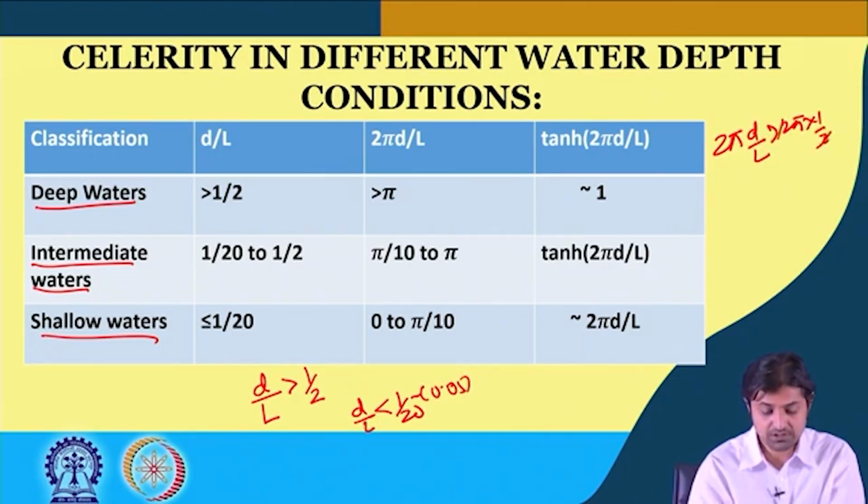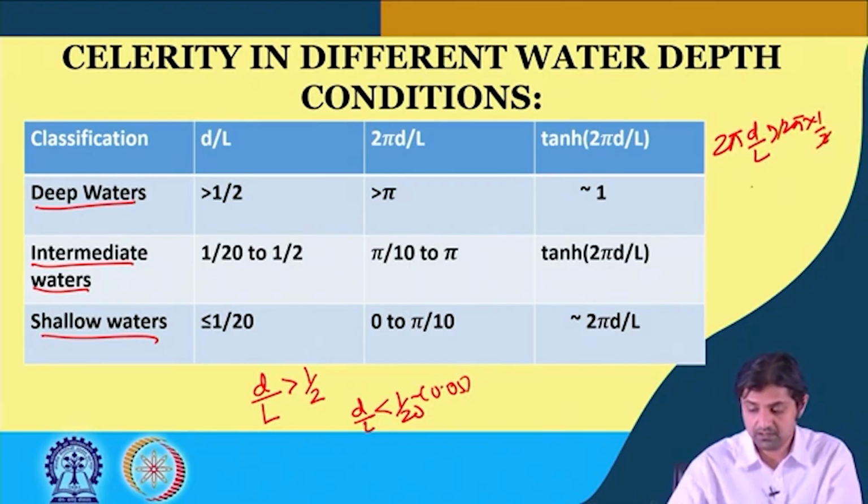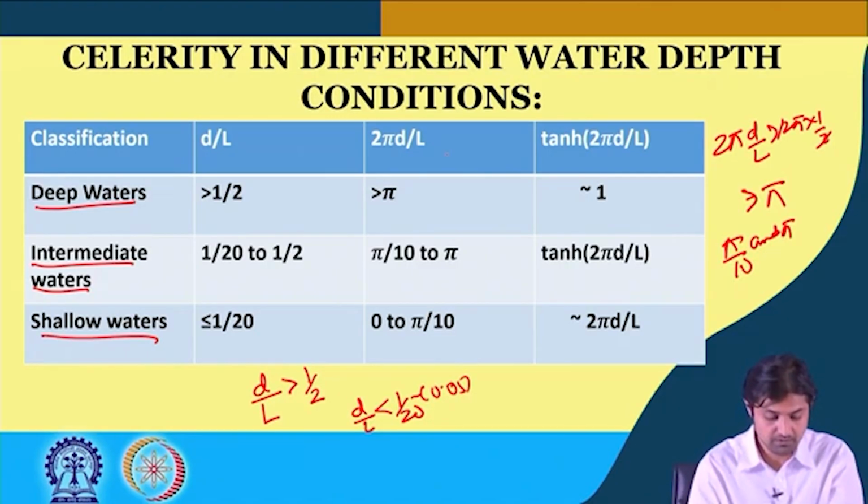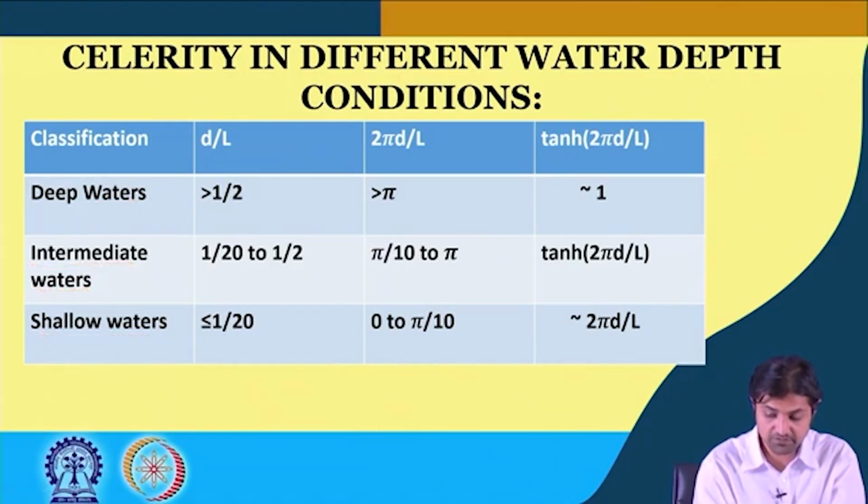So, for deep water 2 pi d by L will be greater than pi. Similarly, for intermediate waters, 2 pi d by L will be between pi by 10 and pi, and below that in shallow waters it will be from 0 to pi by 10. Very simple to calculate yourself.